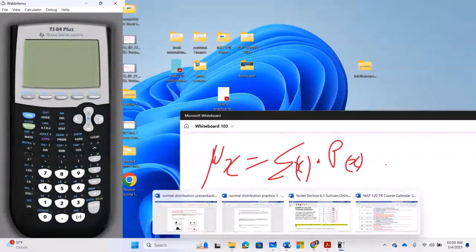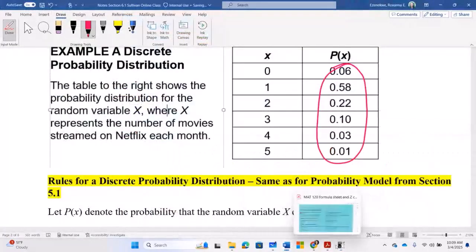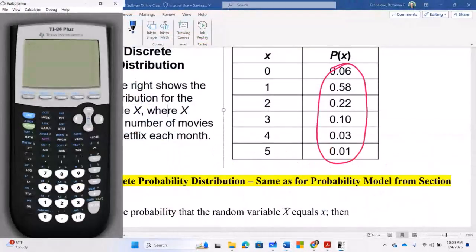So the first one is 0.06 plus 0.58 plus 0.22 plus 0.1 plus 0.03 plus 0.01.